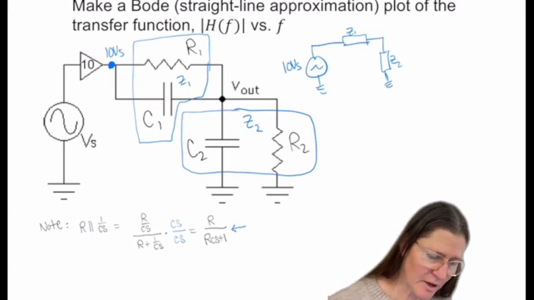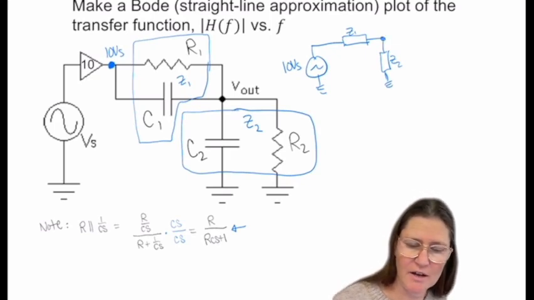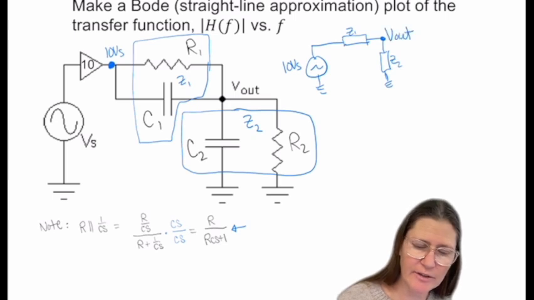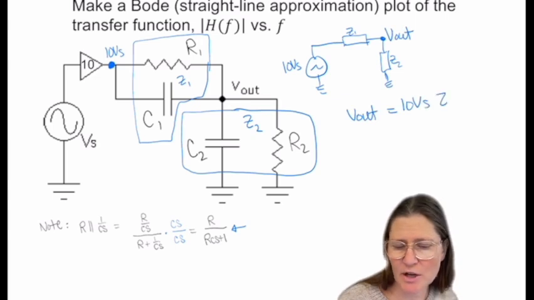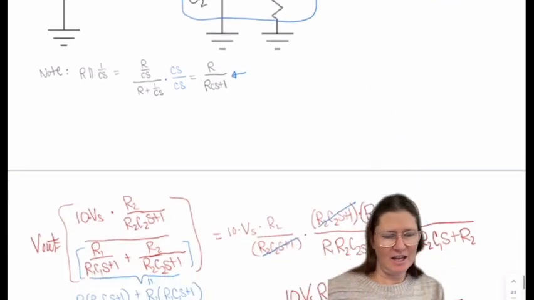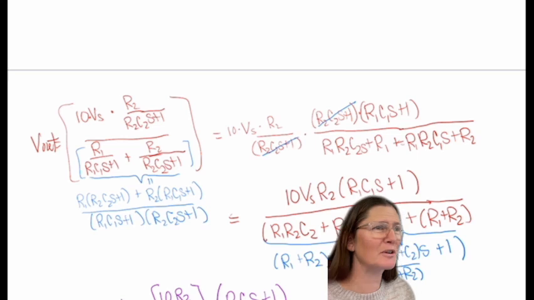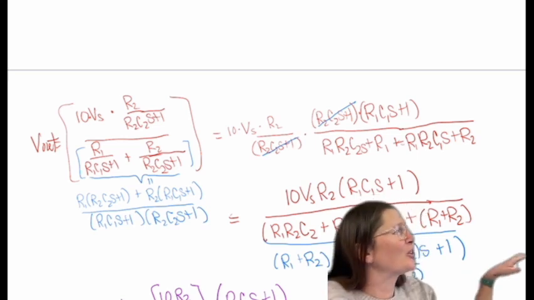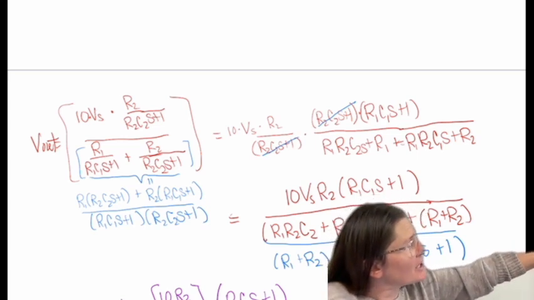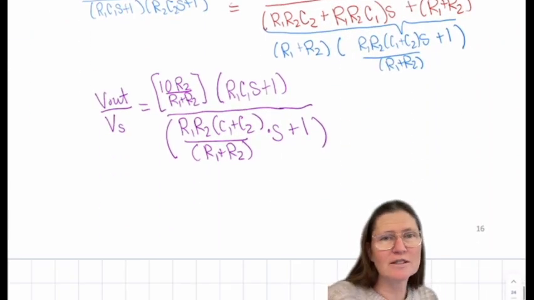So this would be the parallel form. And if I'm trying to find V out here, V out is equal to 10 VS times Z2 over Z1 plus Z2. And I can plug in those values, and I already did the math for you on these. So get a common denominator, and then you're just going to manipulate this till you get down to a standard form.